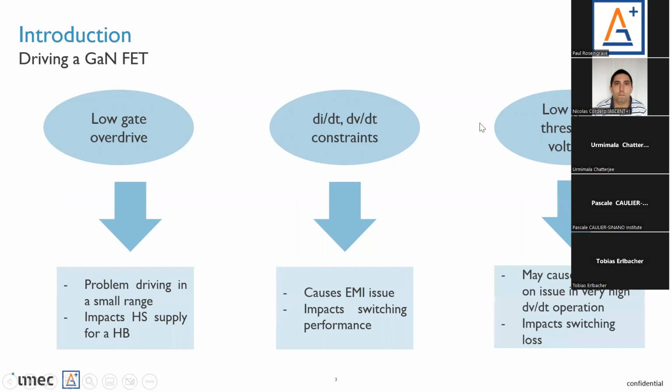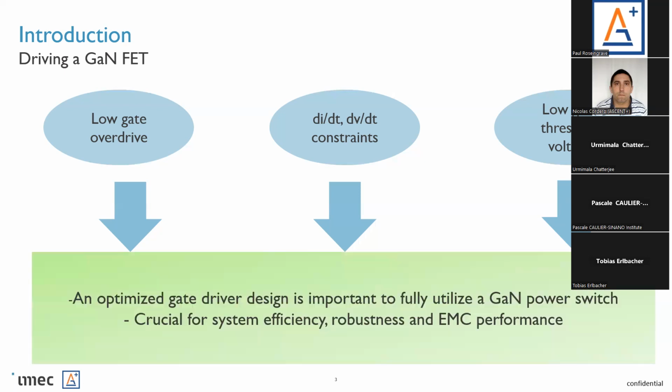Besides that, with the low gate threshold voltage, also because of these high dV/dt transitions, we often see that it causes false turn-on, especially in high switching frequency operation. That also impacts the switching loss and the behavior of the circuits.